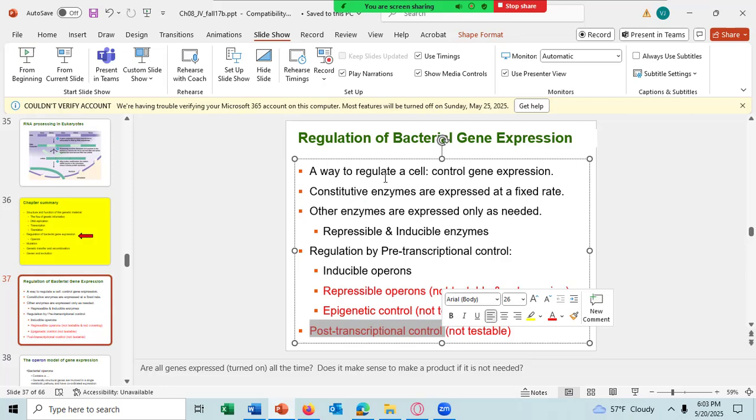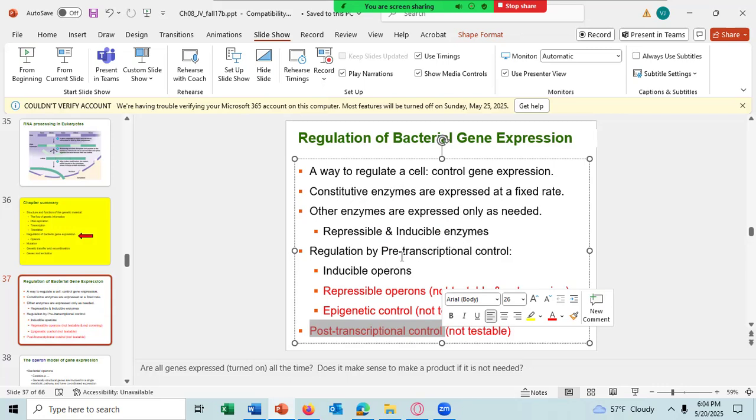So this enzyme is made at a fixed rate, and it's always made in the cell. There are other enzymes that are only expressed as they are needed. And these are controlled by repressible genes or inducible genes. So we have a repressible enzyme or an inducible enzyme. And these enzymes are only made when they are needed.